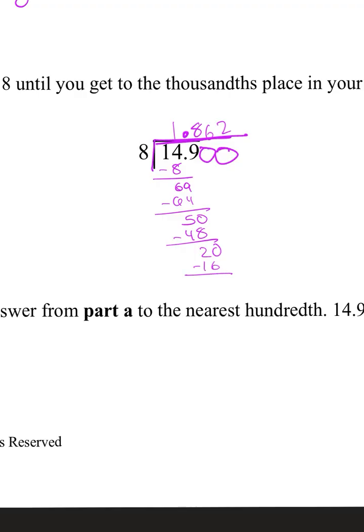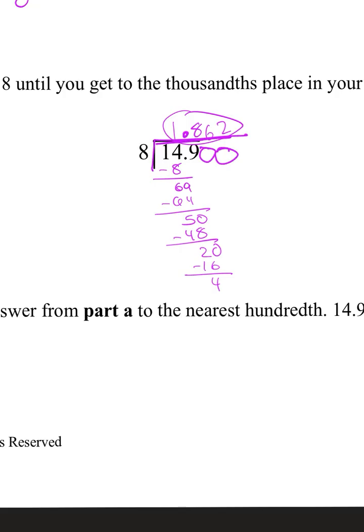Subtract those, I get 4. Now, with this problem, I'll leave it right there. Okay. So you end up with 1 and 862 thousandths. That's what they tell us to do. So that, for part A, is my answer.